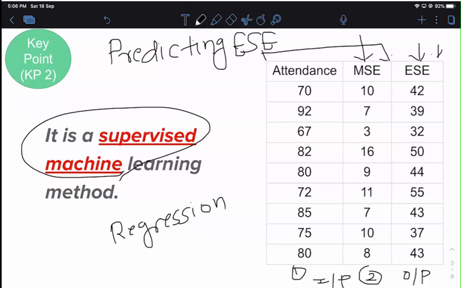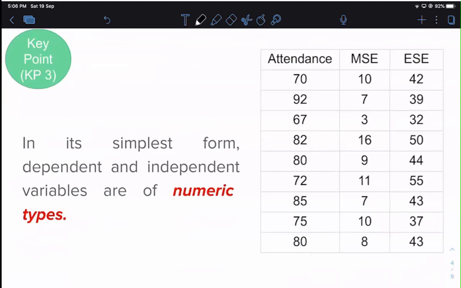In this particular case, the output variable is the end semester examination, and we know in advance the different values of the end semester examination when we use a training data set. In the training data set, the output variable is labeled. When the output variables are labeled in the training data set, those algorithms are called supervised machine learning algorithms. And regression analysis is a supervised machine learning algorithm.